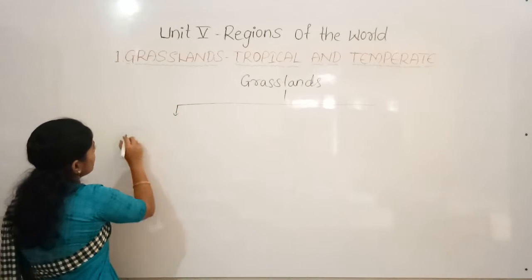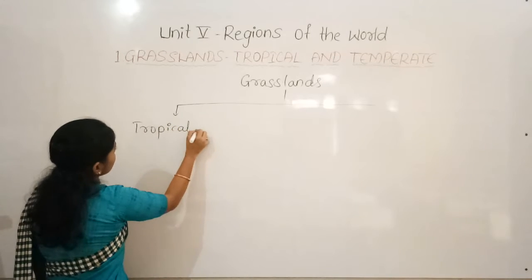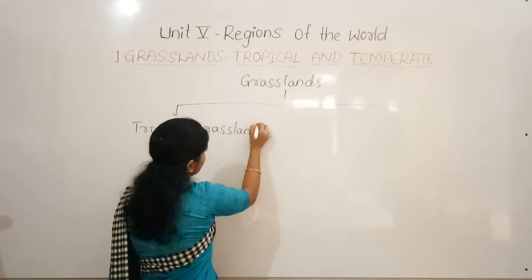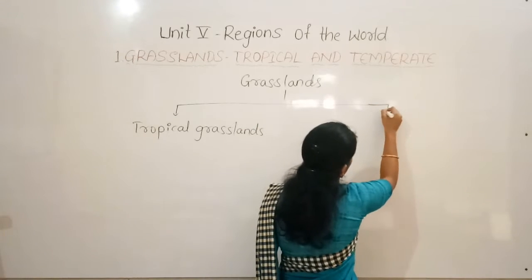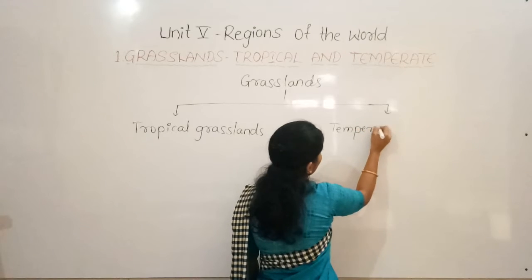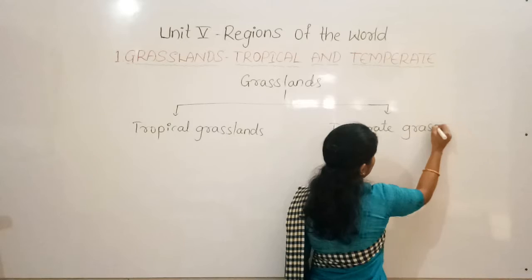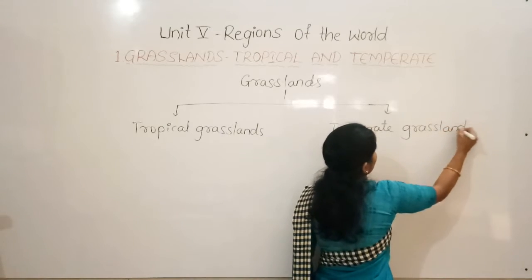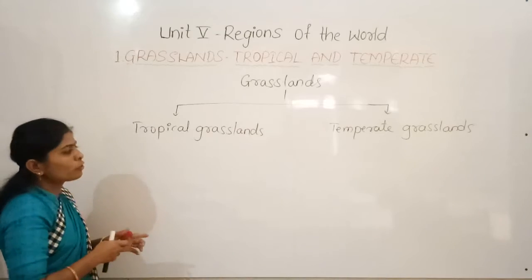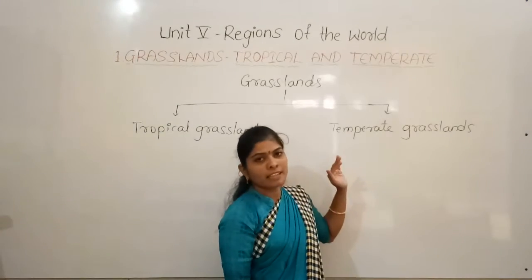One is the tropical grasslands, and the second one is temperate grasslands. So there are two types of grasslands: one is tropical grasslands and another one is temperate grasslands.